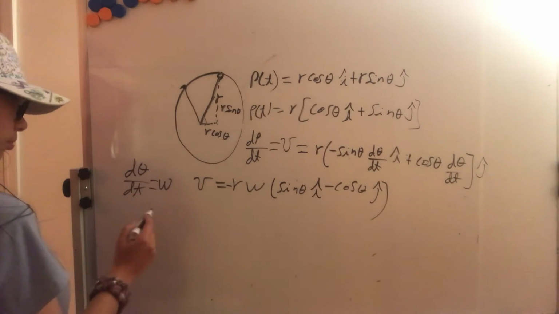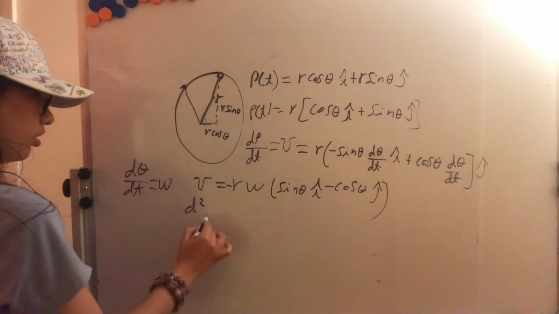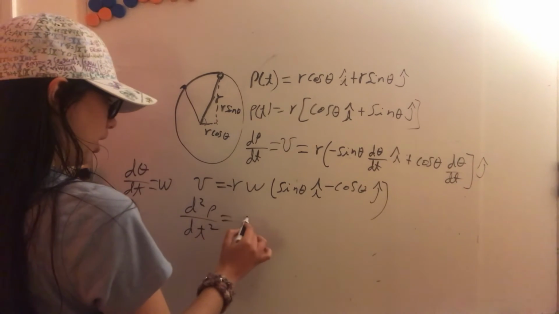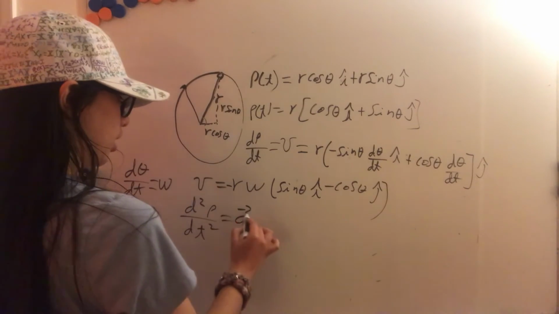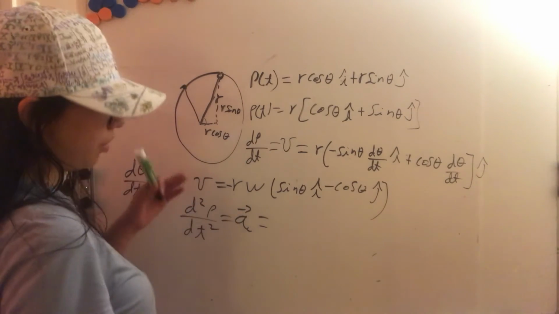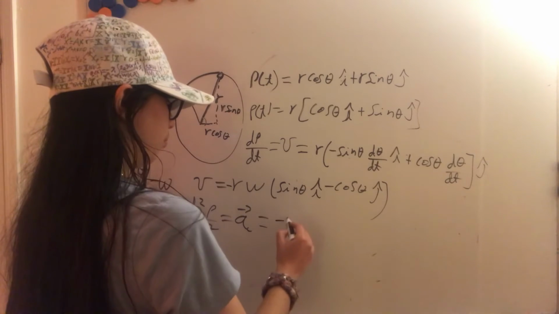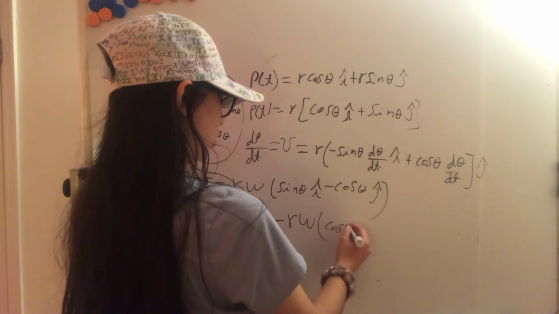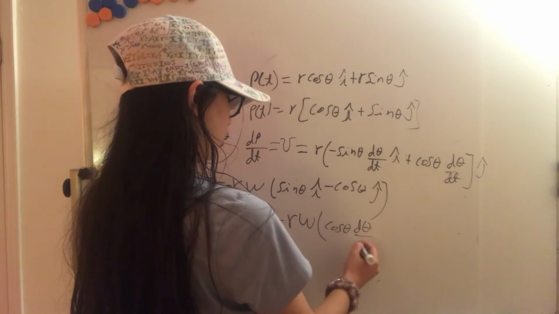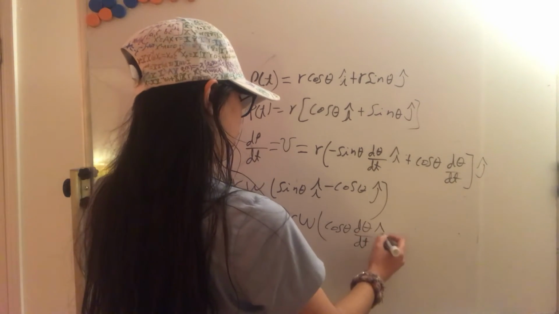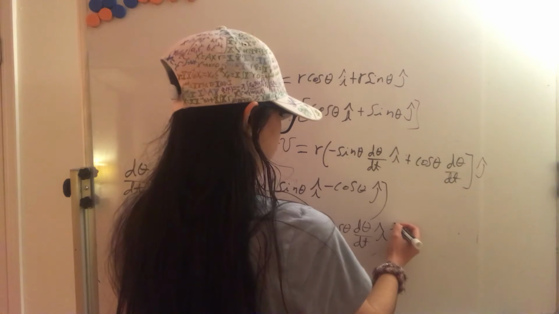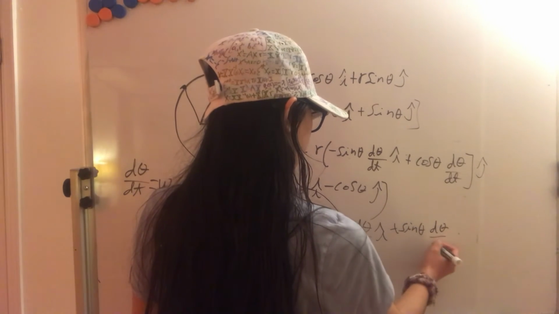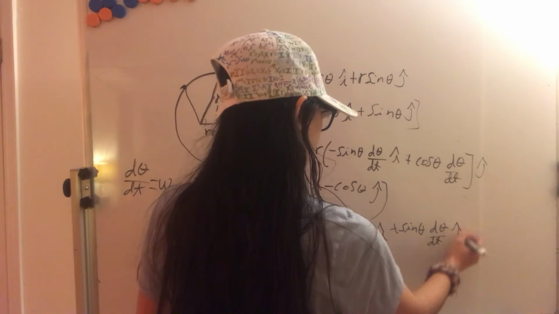Now the second derivative, d squared p over dt squared, this is the acceleration, the centripetal acceleration, the first derivative of the velocity. It would be minus r omega times cosine theta, d theta/dt, times the unit vector i plus sine theta, d theta/dt, times the unit vector j.